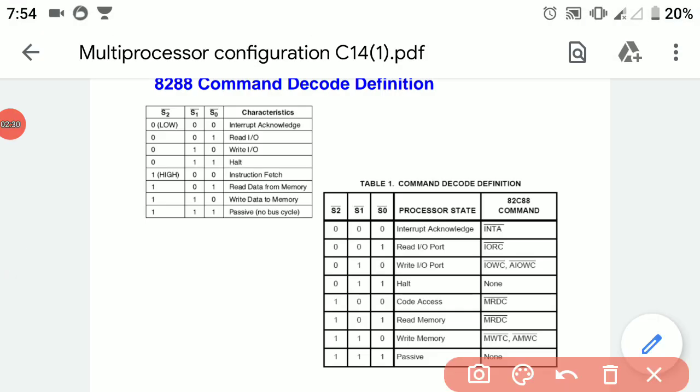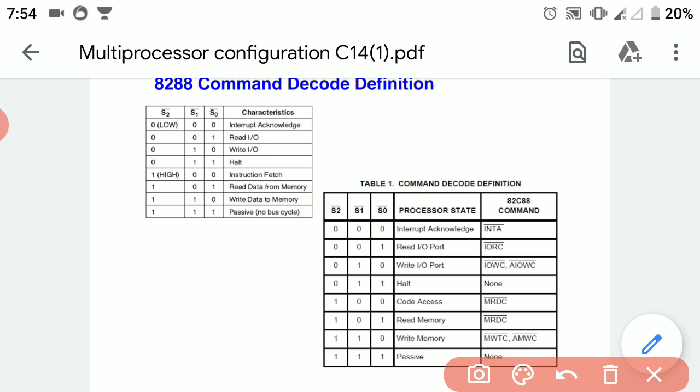Here we have the command decode table for the main processor. In multiprocessor mode, these three status pins, that is S0, S1 and S2, their states, their condition will justify the operation to be performed by the main processor on the coprocessor.